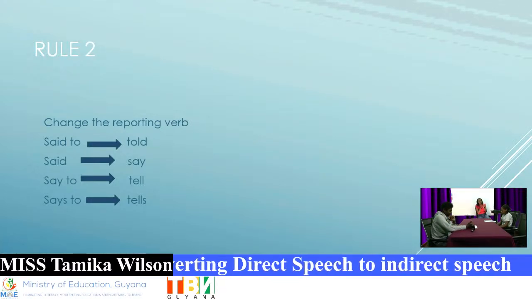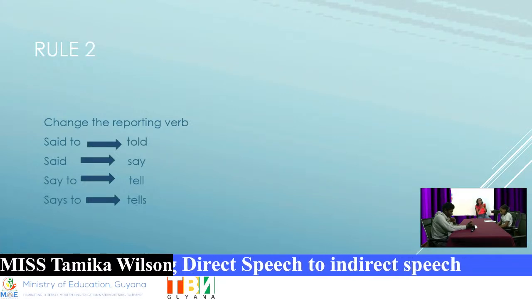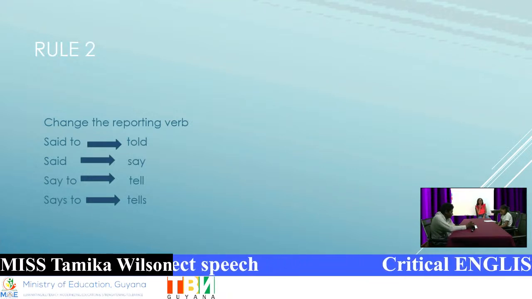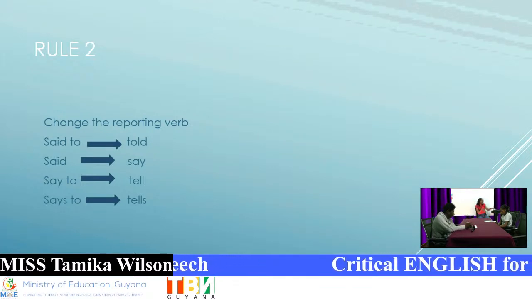So in some cases the reporting verb still remains the same, but in some cases it transforms from one form to another. And we're going to look at how that transformation occurs a little bit later.